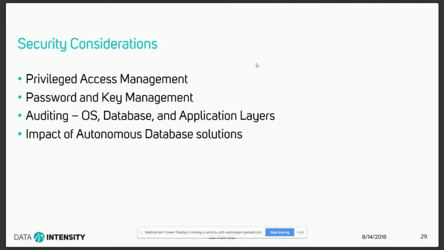Password and key management obviously becomes a pretty critical thing, especially if you have things like Database Vault deployed. And then the last thing is the impact of autonomous database solutions. With autonomous, a lot of those security concerns are going to be mitigated because the autonomous system will automatically apply security patches and make security recommendations as it learns about how you're using the system.